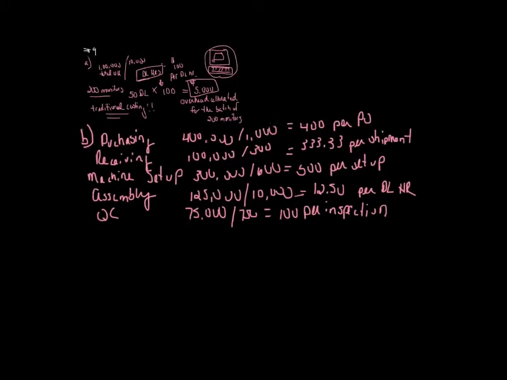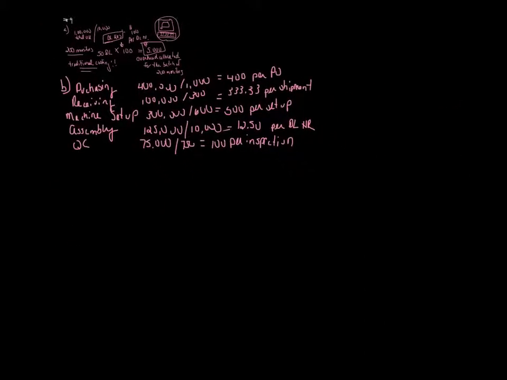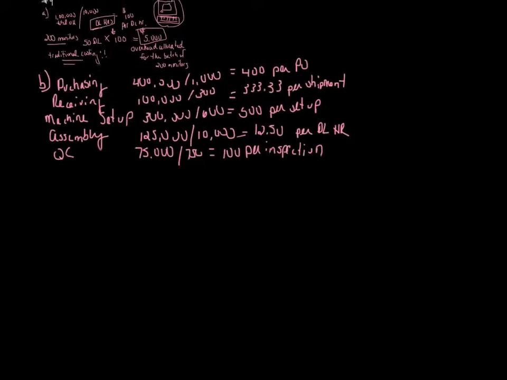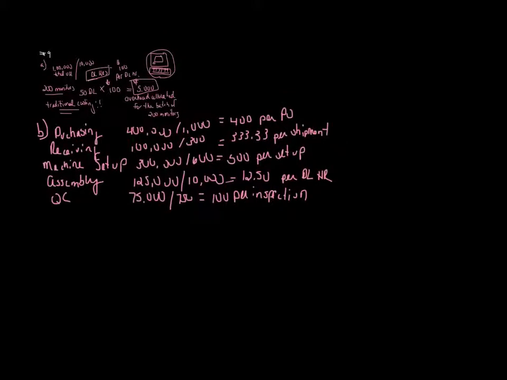I'm just going to shrink this up a little bit so we've got some room. For purchasing, we're going to use the $400 per purchase order times how many purchase orders actually happened. They said 7.